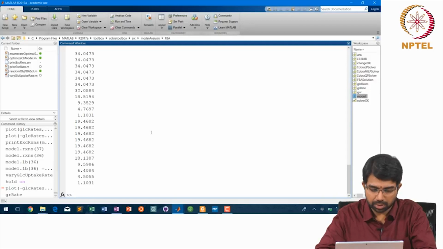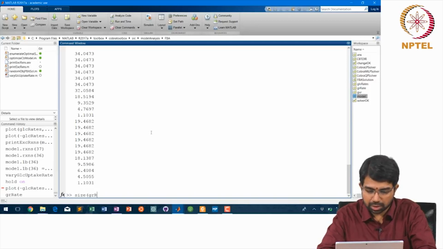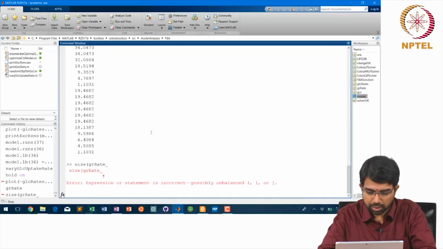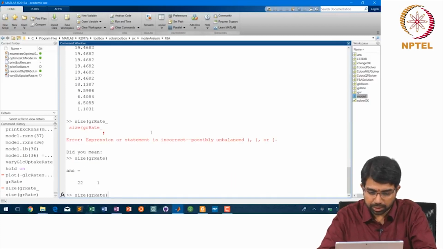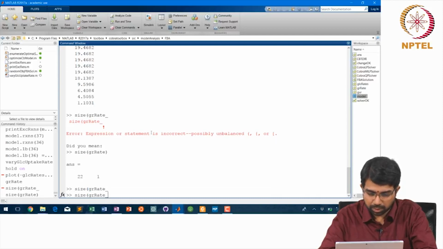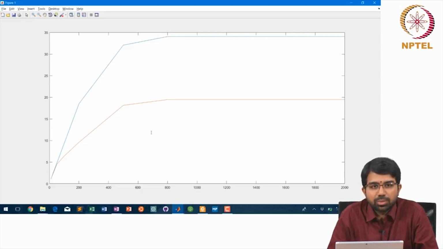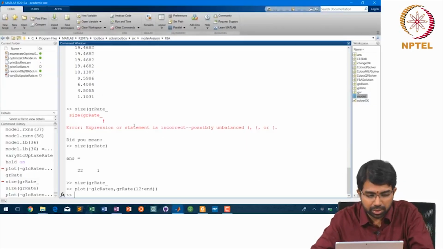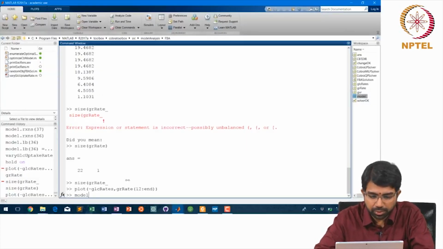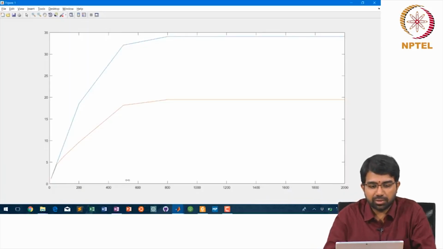So this should be size GR rate, 22. So I need to plot. I reduce the oxygen uptake rate lower bound. I made oxygen minus 100, I reduced it by 10-fold.